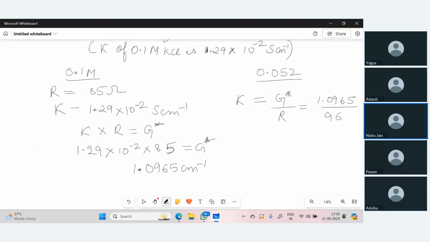I think it's coming out to be 0.121. Lambda, you use the same formula: kappa by C, where C is 0.052, times 1000.